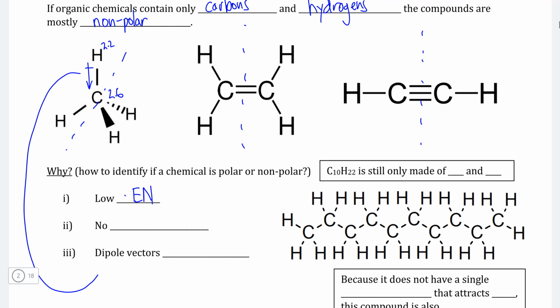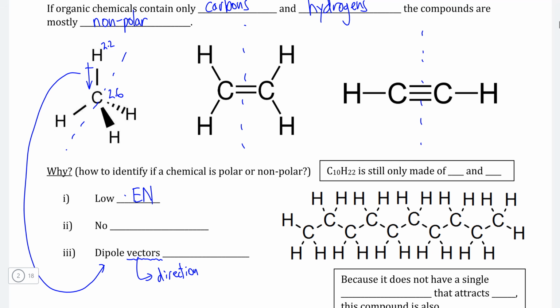And this symbol here, don't be scared of the word vector. The word vector in physics simply represents the direction of something. So the arrow is pointing this way, which is showing that the electrons in this bond are moving away from hydrogen towards carbon because of its higher electronegativity value.